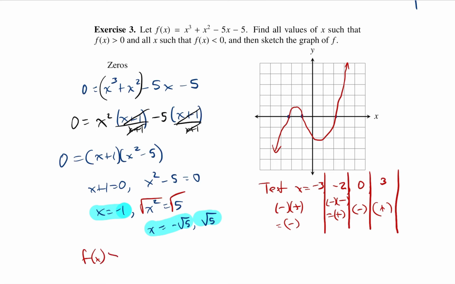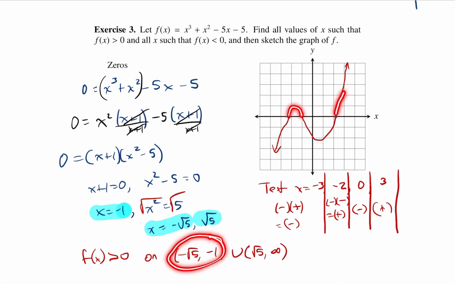F of x is greater than 0 on the interval from negative radical 5 to negative 1, union from positive radical 5 to infinity. So that would be this interval for this one, and this interval for this part of the function.